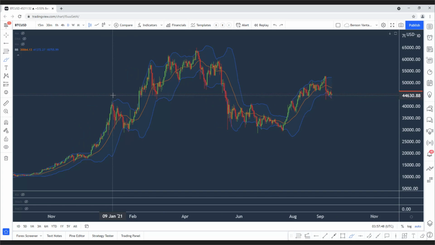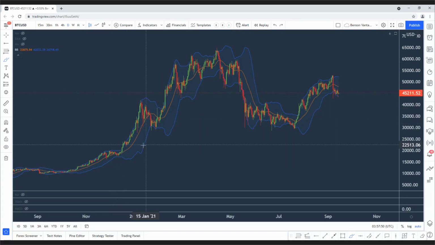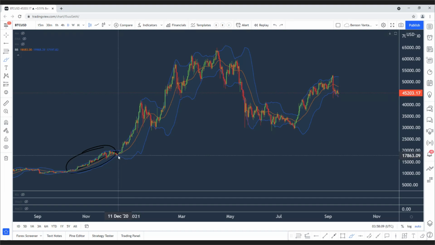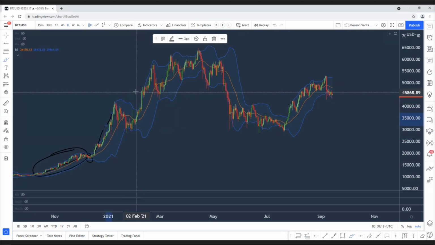Let me just show you some examples. Over here, let's see from the start of the bull trend. You see the price action is very near to the upper Bollinger Band. When it came to retest, it broke the 20 simple moving average, just kissed around this lower Bollinger Band before continuing its bullish momentum.